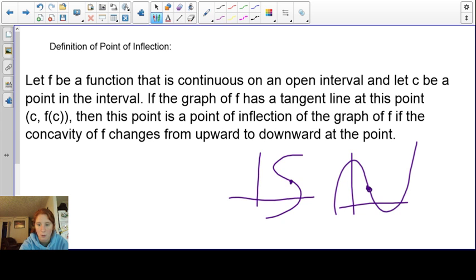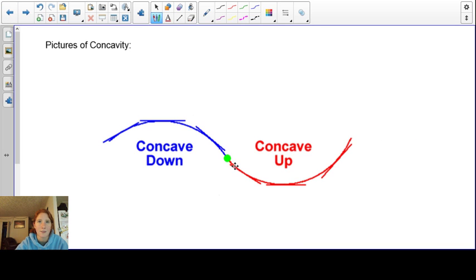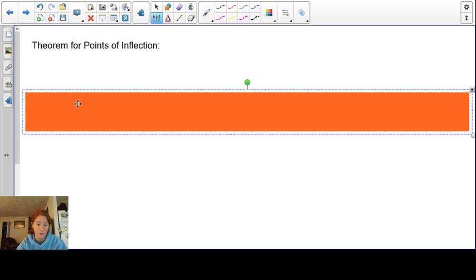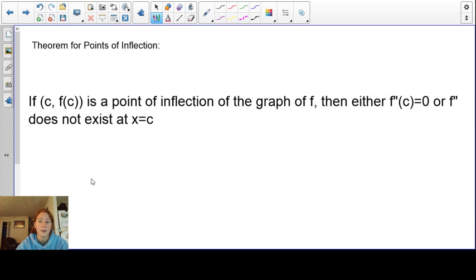So those points right there would be that point of inflection. If I go back for a second and we look here at this nice green dot, that green dot is that point of inflection, or an inflection point. So that's what those things are saying, is that they exist. And then this next one is talking about what it is, kind of where it is.